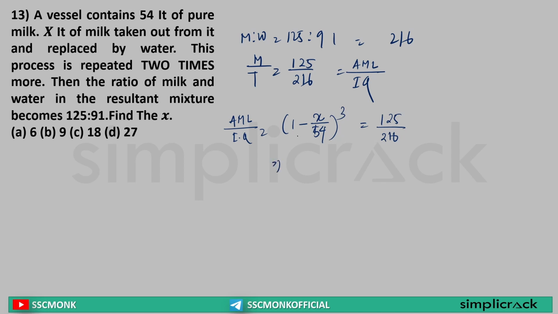So in order to take out the cube, I will take cube root. So 1 minus x by 54 is equal to cube root of 125, that is 5, by cube root of 216, that is 6. Or I can write x by 54 is equal to 1 minus 5 by 6, that is 1 by 6. 6 9s are 54. So the value of x is equal to 9. Answer option B. Clear?